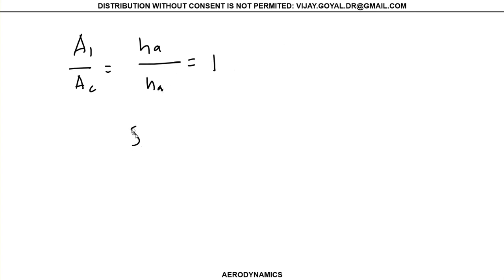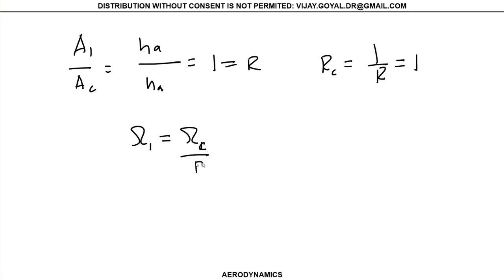It's saying that my vorticity at point 1 and point C is identical, because when this is equal to R, RC is 1 over R, and that gives me 1. So this is going to give me the same value. So this gives me 2 per second. Okay, so vorticity is actually the same.